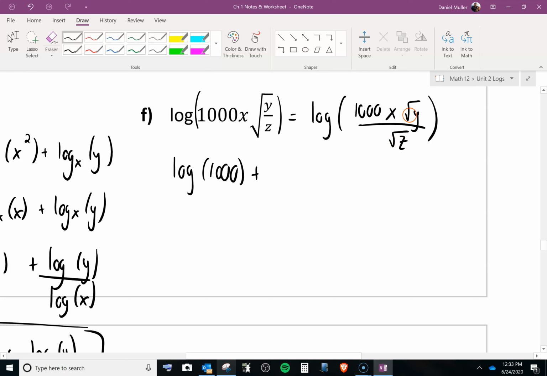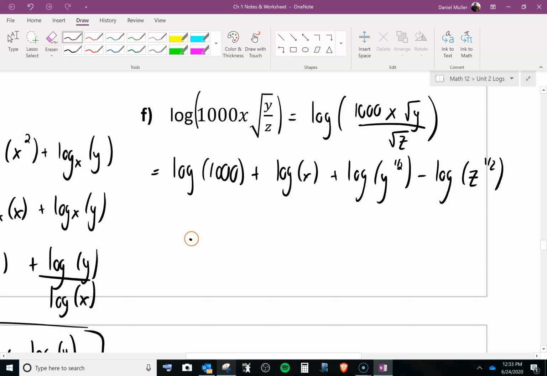I can't remember what grade we do that in, but for radicals, you can combine these under one radical. So in the same way, if I have them all under one radical, I can split them up into 2 radicals. And now that I have that like that, I can go log of 1,000. These are all in the numerator, so they'll be plus. So log of x plus log of y. Now it is a square root, so I'm going to put a half. And that's on the bottom, so I'll do a minus log of z, and again I'll put a half because that's what a square root symbol is.